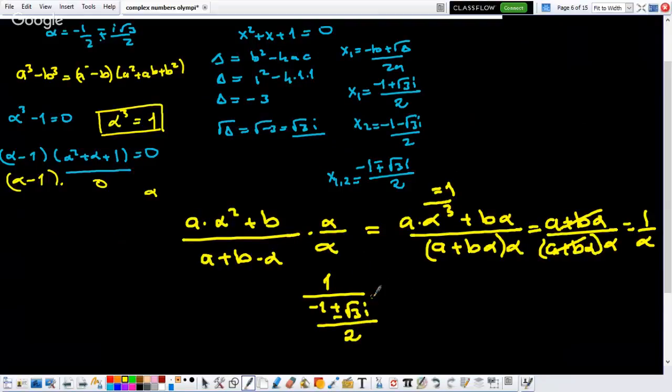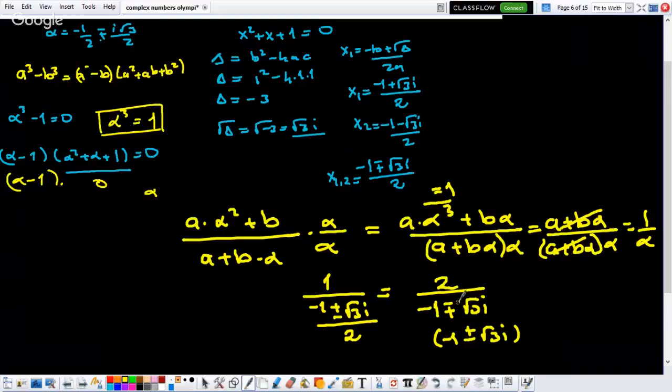So when you turn this over, the numerator is an integer and the denominator is a complex number, so you should turn and multiply. It should be like 2 over minus 1 minus root 3i, and you're going to multiply by the conjugate.